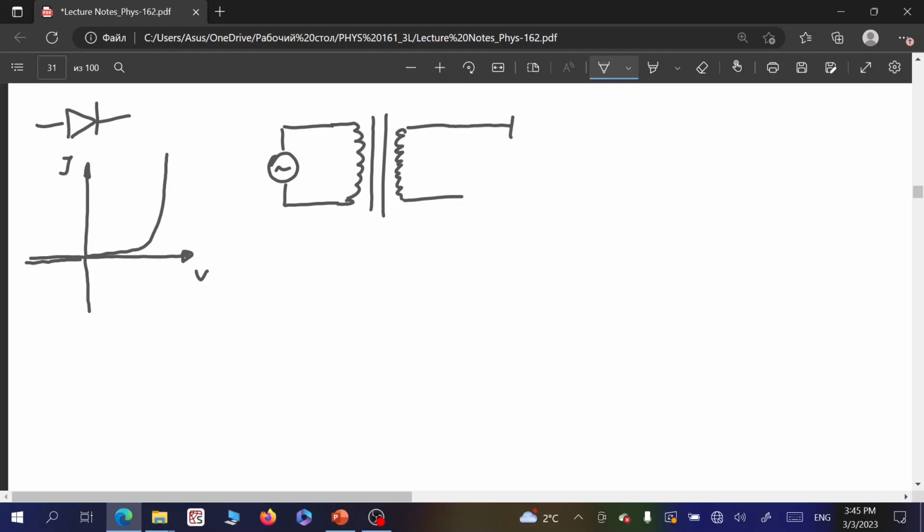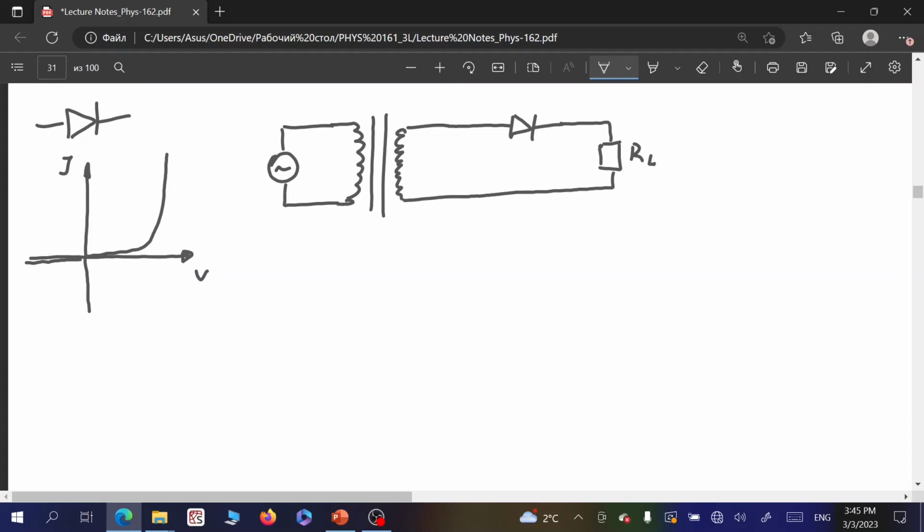So we have a diode connected in this electric circuit of the secondary coil and our load resistor, which is actually our device, RL.